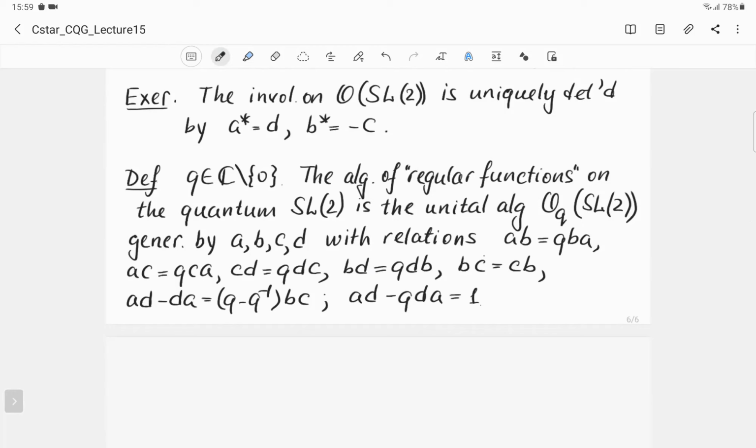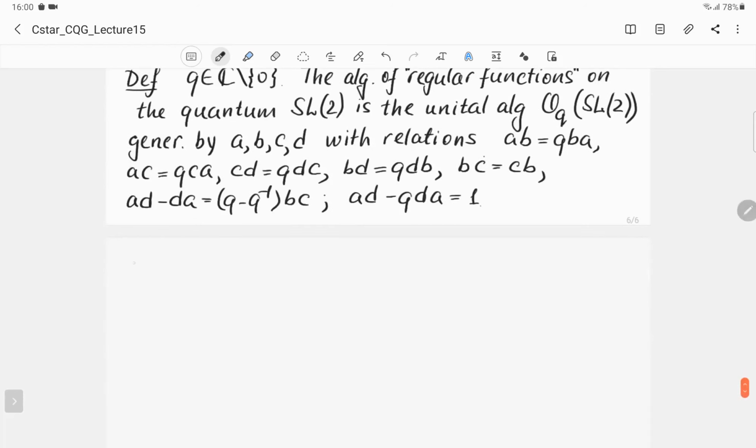Okay, so quite strange relation at the first glance, but what is clear from the definition is that if Q is 1, then our algebra of regular functions on the quantum SL2 is exactly the algebra of regular functions on SL2.